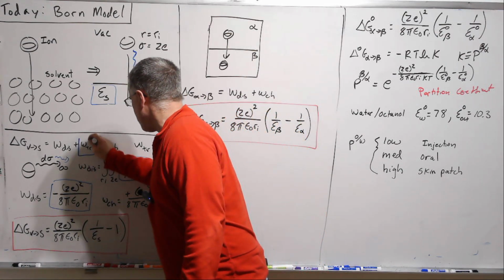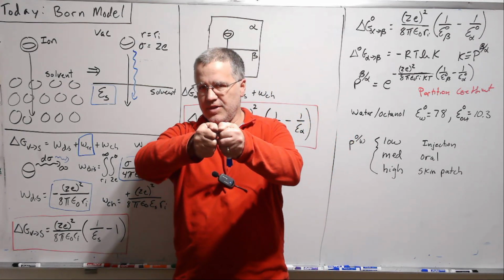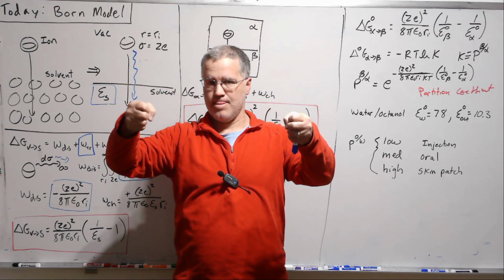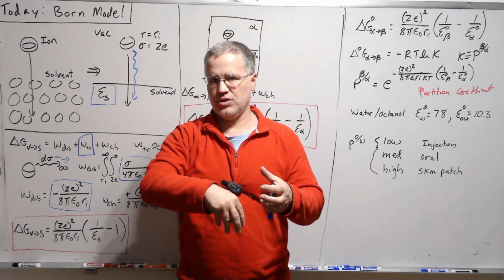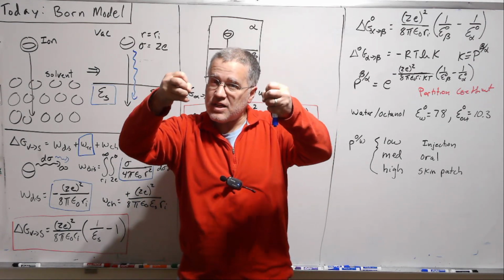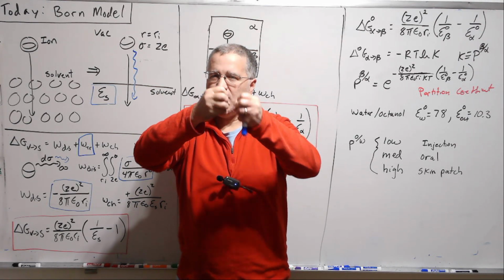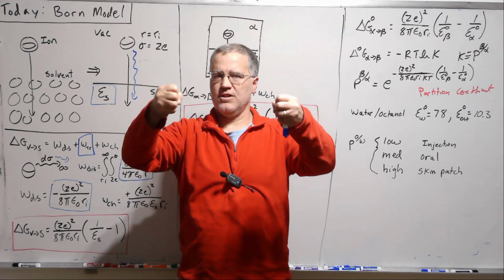Now, we're going to transfer this neutral charge across from the vacuum into the solvent, and so we're going to do some work for transferring. So what is that work? That work would be ripping open the surface. There'd be some surface tension work, right? And then there'd be evacuating some kind of cavity to put the ion in. Then there would be closing that up, so that would be surface tension work. Well, let's think about the surface tension work first. So that'll open and close.